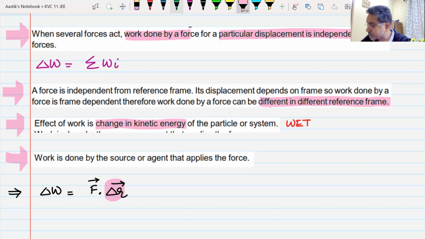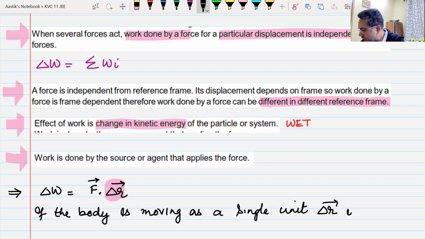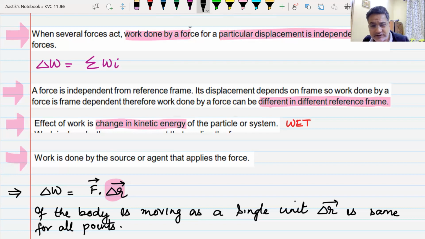So remember, if the body is moving as a single unit, displacement is the same for all points, and in that case you can find the displacement of any point and take the dot product, and that will be the work done by the force, because displacement of all points is the same.